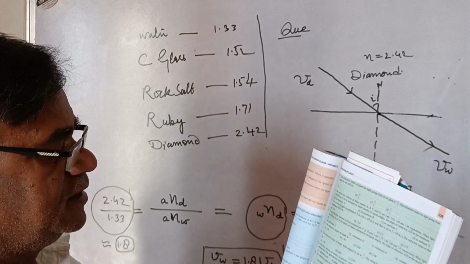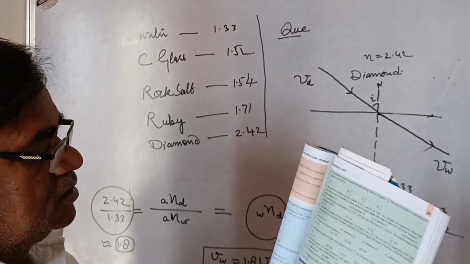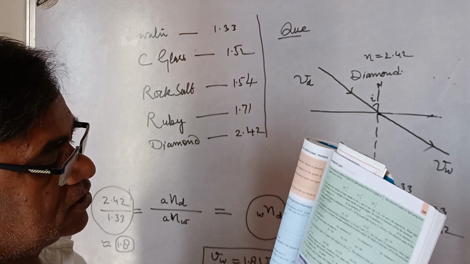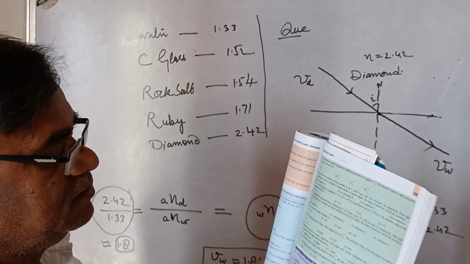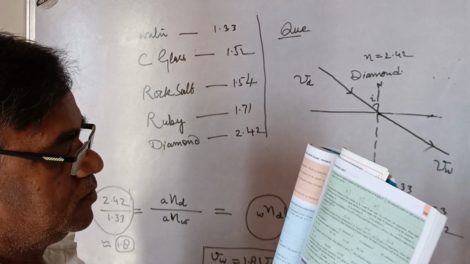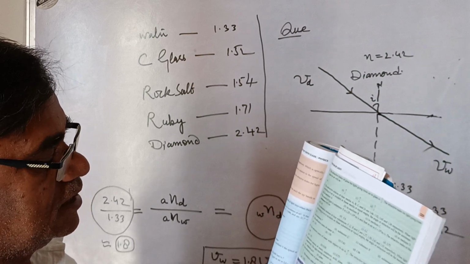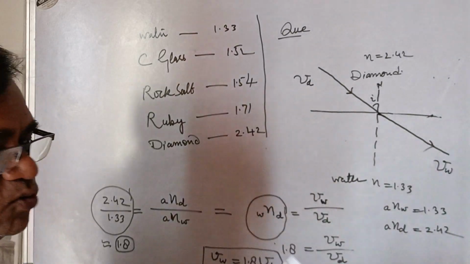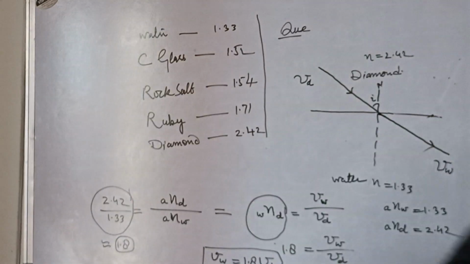The velocity of light in water will be more as compared to that in crown glass. When you compare crown glass with ruby, the velocity in ruby will be less and in crown glass more. In rock salt and diamond, in this way you can calculate. We have taken the highest and lowest values of n. So this is the answer.